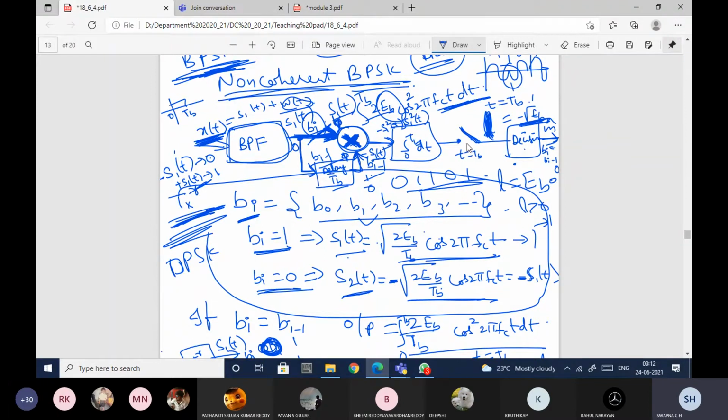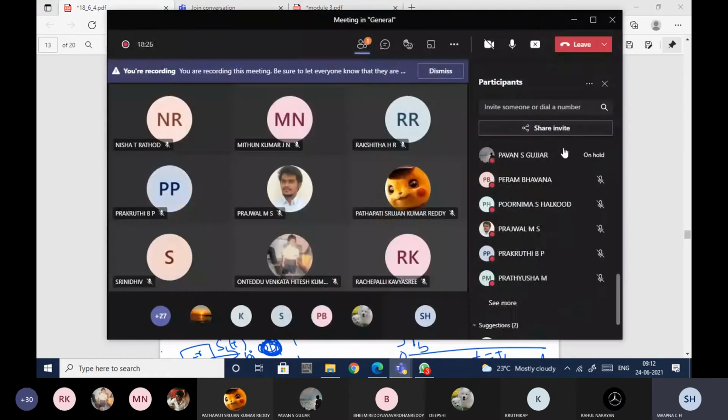But there is a problem here. The problem is, if you see what I'm doing, I'm delaying the bits and giving them to the product modulator. So it is purely depending on the received signal. This Bi is nothing but whatever is transmitted, that is getting received at the receiver end.